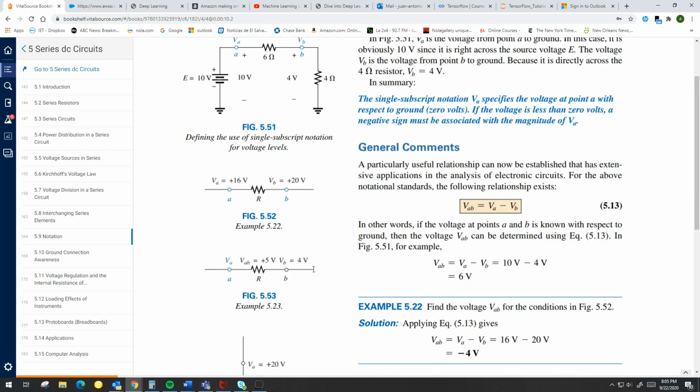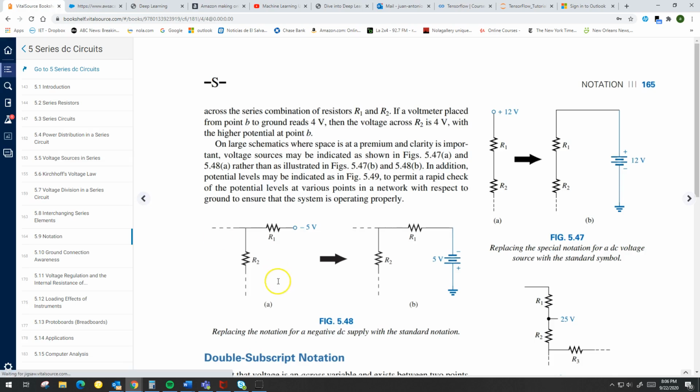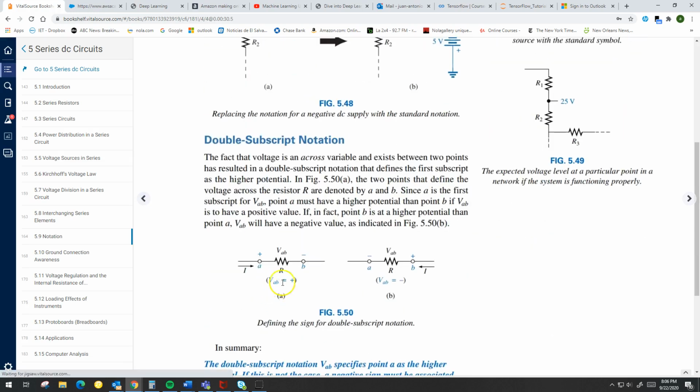Another useful relationship to understand is that when we look at this notation VAB, it's also indicating the difference between those two points, A and B. So what you're really looking at is the difference in potential between A and B, right?